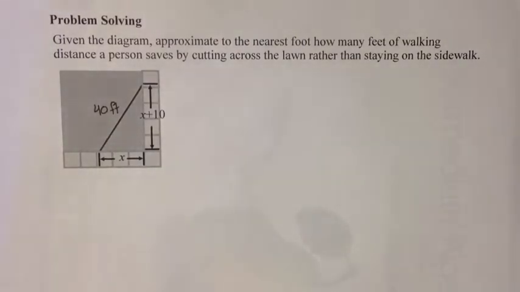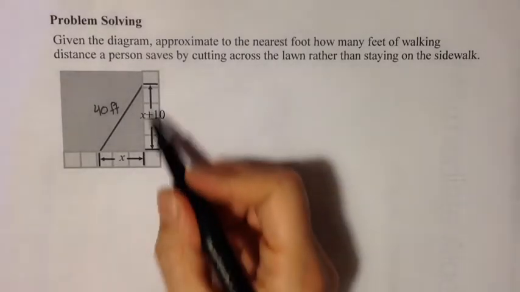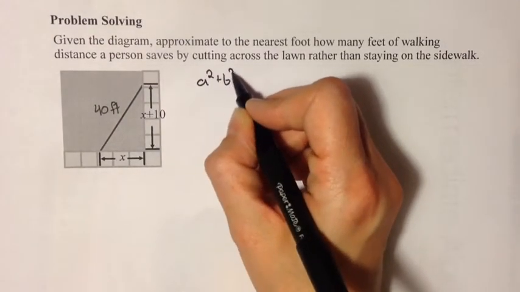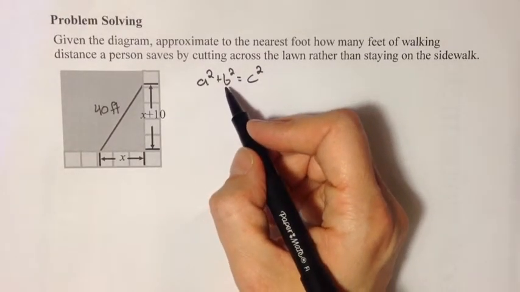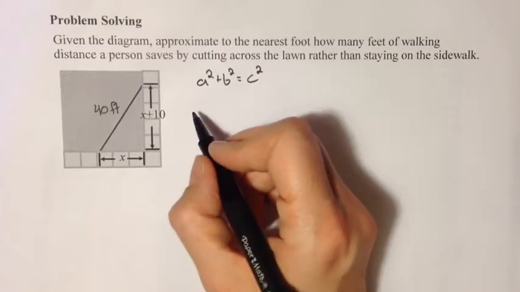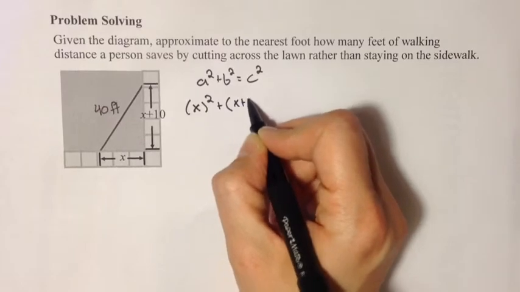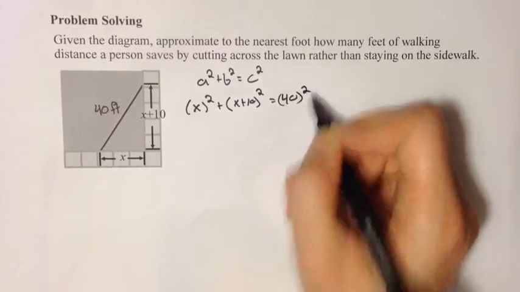Fortunately, we can use Pythagorean's theorem to figure out what these two distances are. This is a right triangle, so we know that a squared plus b squared equals c squared, where a and b are the two short sides of the triangle, and c is the long side, the hypotenuse. So that means that x squared plus (x plus 10) squared equals 40 squared.